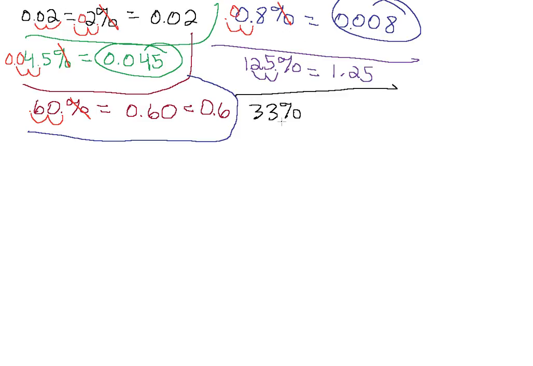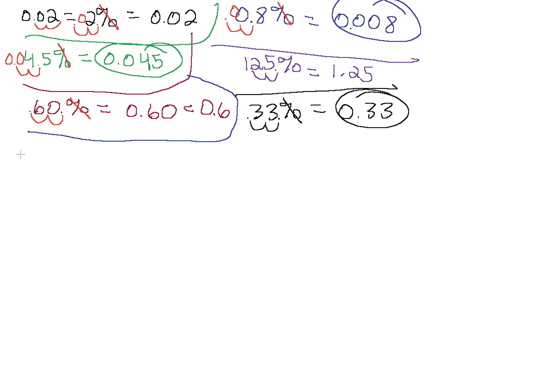This is a whole number, so our decimal place is right there. We drop the percent sign and move the decimal 2 spots to the left. This will give us 0.33, and that's our answer. So expressing percents as decimals, we basically drop our percent sign and move the decimal 2 spots to the left, the exact opposite of what we saw in the previous video.